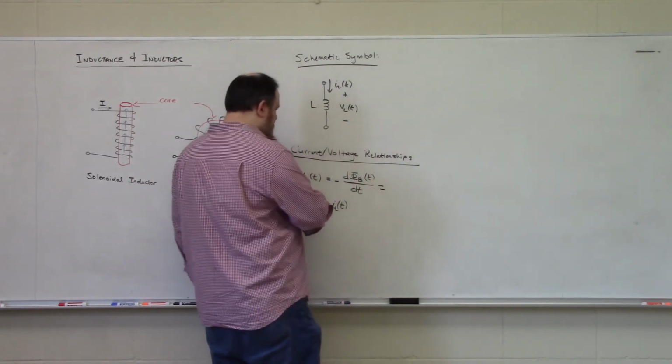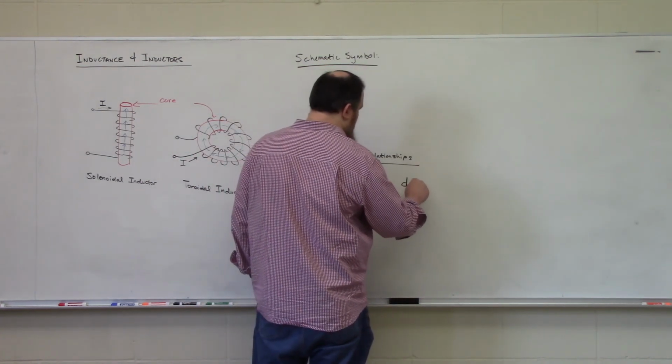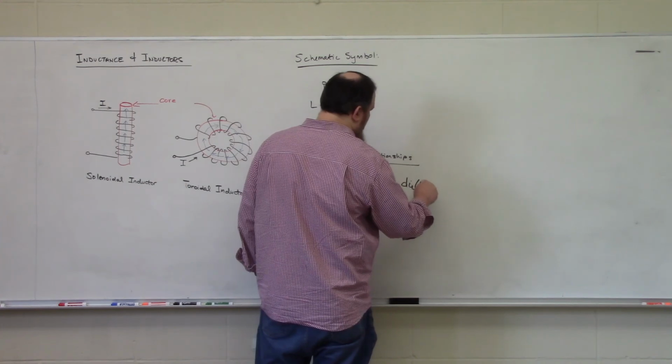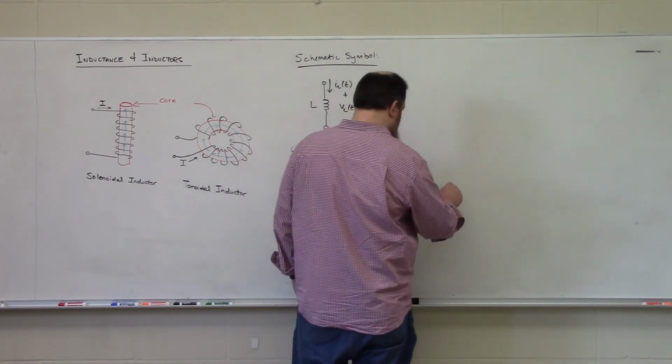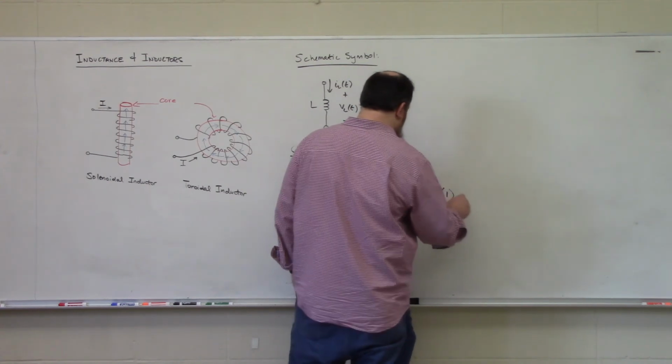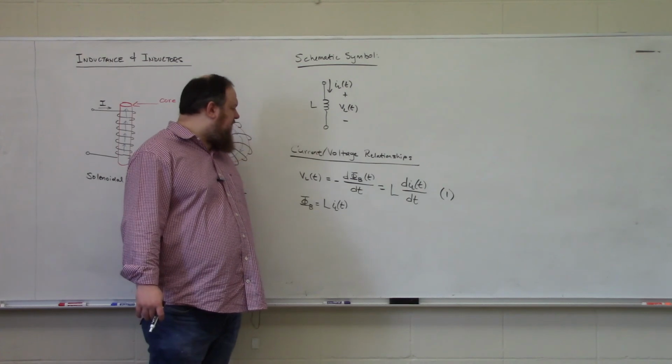So from this we can see that the voltage drop is simply L dIL by dt. And our negative sign gets lost here.